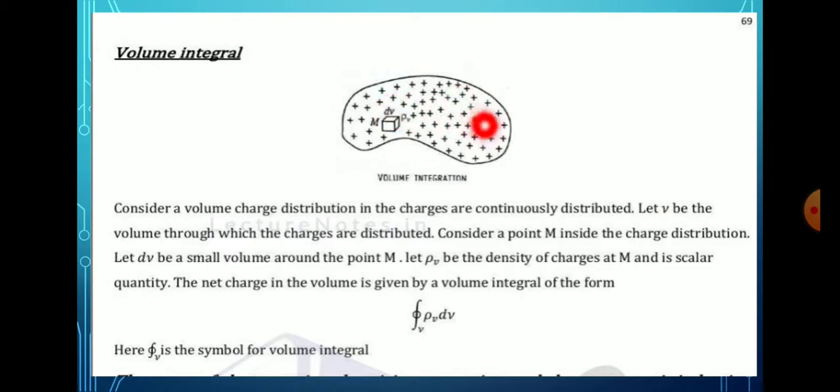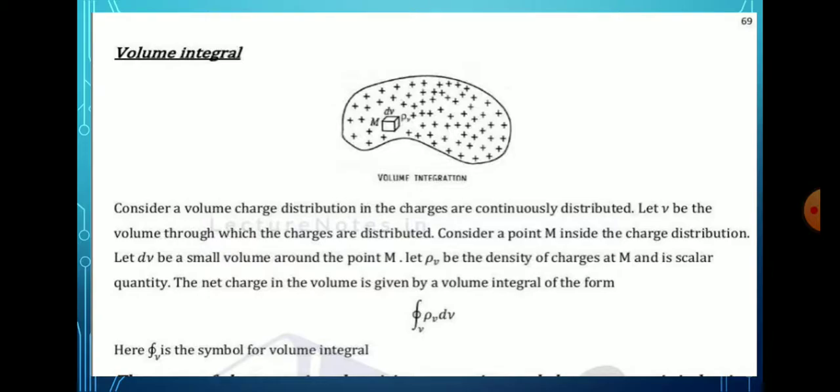Inside the charge distribution we consider the point M. Let dV be the small volume around the point M. Rho of V is the charge density at the point M, and it is a scalar quantity. The net charge of the volume is given by the volume integral, the integration over V of rho of V dV.